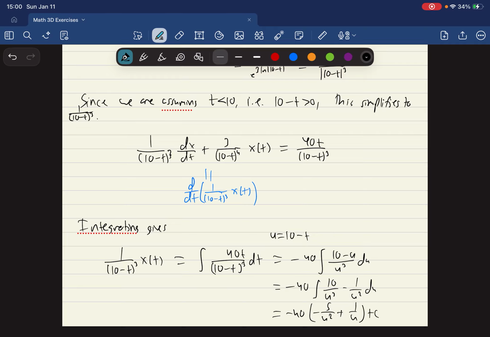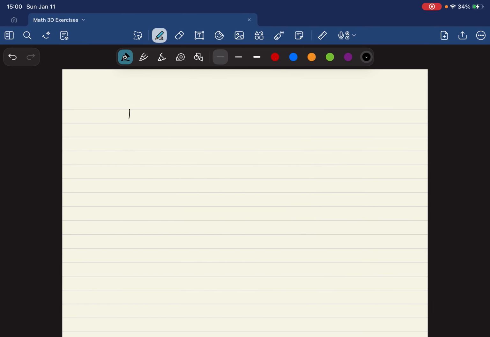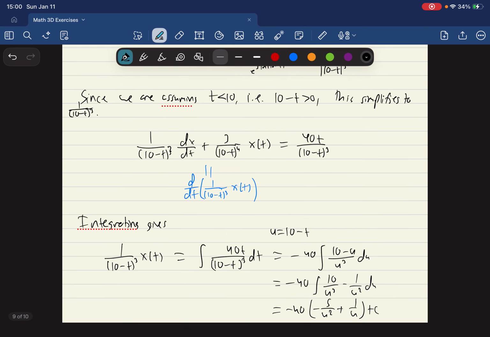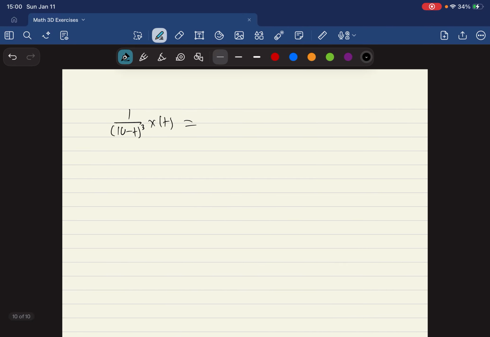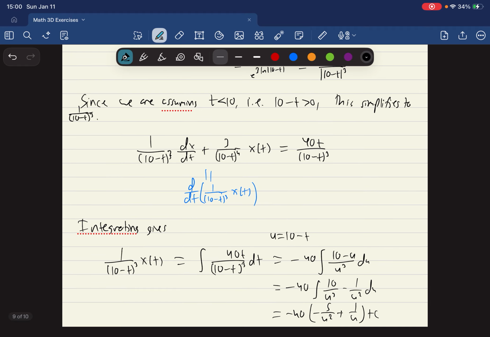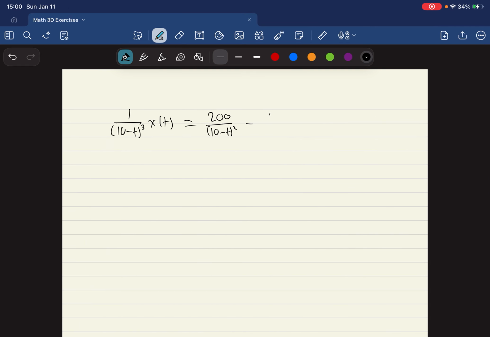And this will be a negative 5 over u squared plus 1 over u plus our constant c. And just turning a page, what we got is that this x of t is equal to, and now we just distribute the negative 40 over. So this will be 200 over, plugging in our u back, we get 10 minus t squared, and then minus 40 over 10 minus t. Wait, did I get that right?